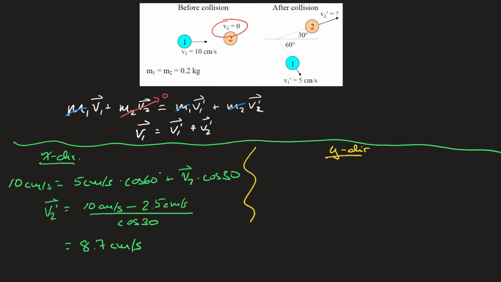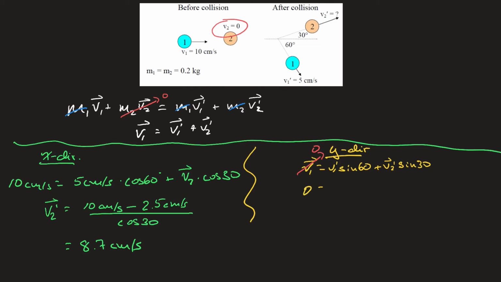In this case, it would look like v1 equals v1 prime sine 60 plus v2 prime sine 30. v1 here actually just goes to 0 because you should note that there is no y direction velocity in terms of v1.